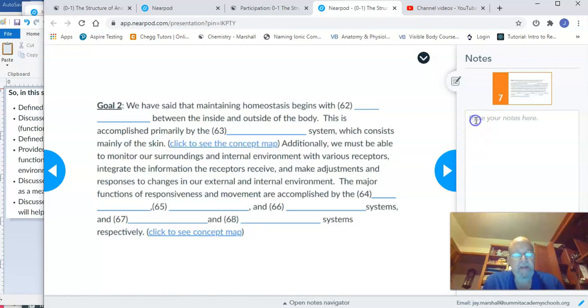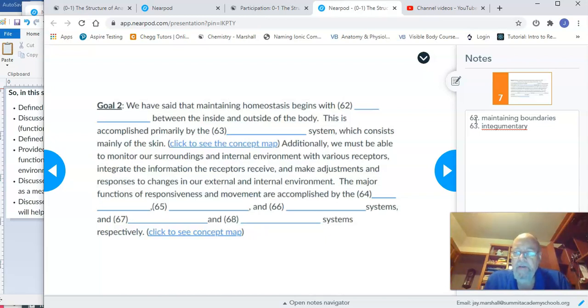We've said that maintaining homeostasis begins with maintaining boundaries between the inside and the outside of the body. This is primarily accomplished by, and we're going to use a different word for skin, the integumentary system, which consists mainly of the skin.